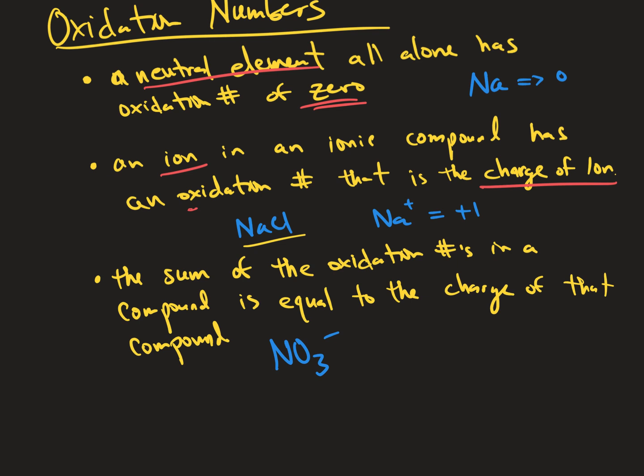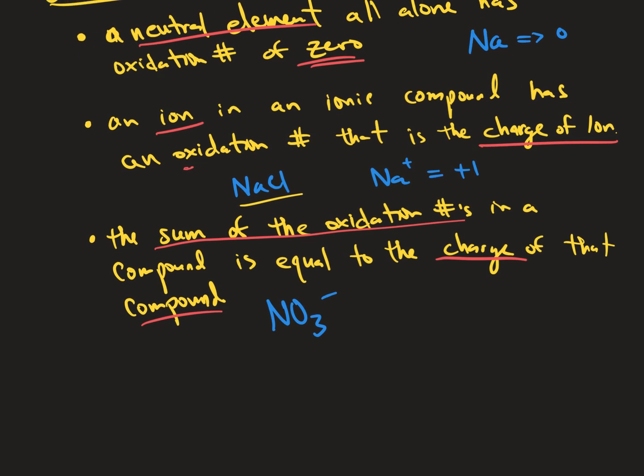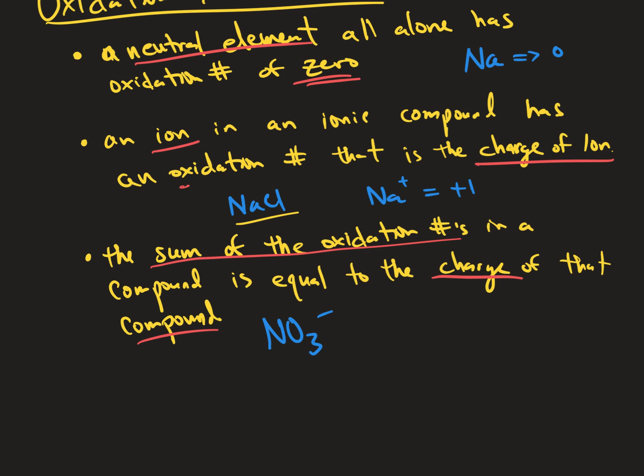So the sum of the oxidation numbers is equal to the charge of that compound. Most of the time it's 0. The only time it's not is when we have a polyatomic ion. Okay? Any questions on those three? Those are the simplest three.